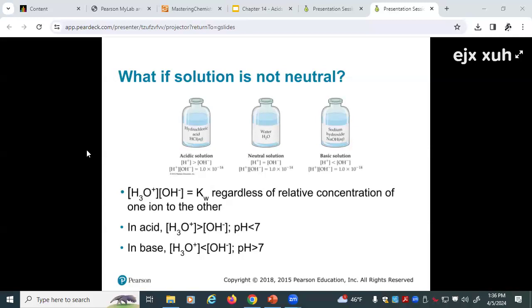And as a result of that imbalance toward the hydronium, the pH is going to go below 7. The more imbalanced it is, the lower it's going to go. And similarly, if I have more hydroxide than hydronium, I'm going to see it tip over to the higher side of the 7 scale. It's going to go more towards the 14. The greater the imbalance, the closer to 14 it's going to be.